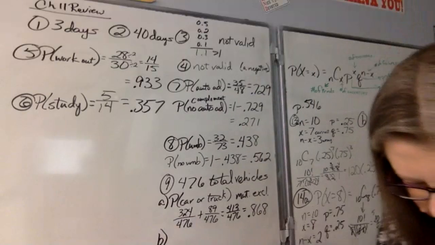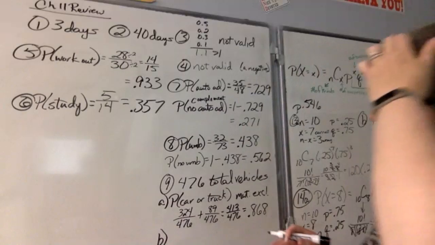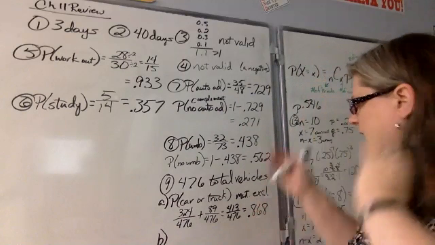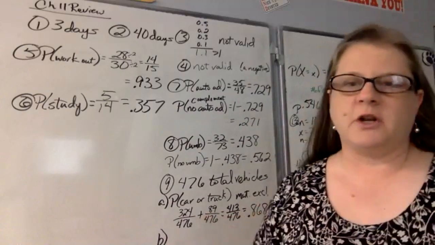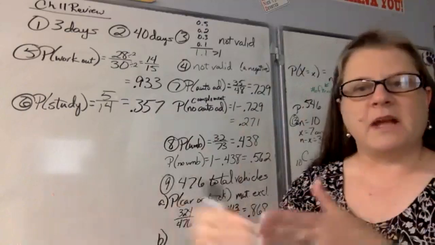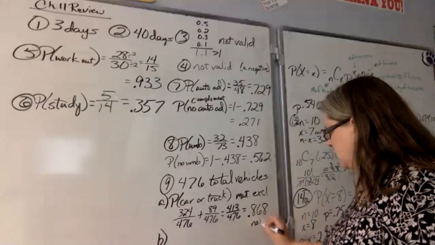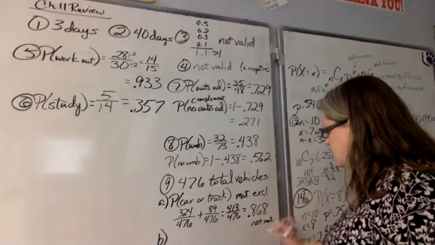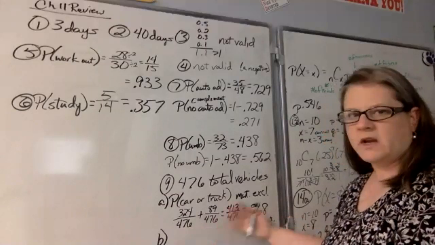Part B says a truck or SUV will not be chosen. So they're not picking a truck and they're not picking an SUV. Do you have stuff that's both not a truck and not an SUV? Yeah. There's going to be overlap. So these are not mutually exclusive. So when it's not mutually exclusive, that means instead of just adding, we're also going to have something to subtract back off.